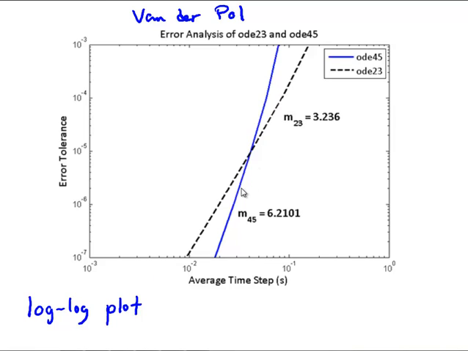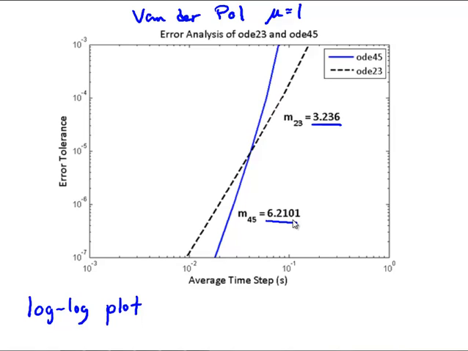And we see the slope here in dashed black lines, the slope of the ODE23 solution. Again, this is with mu equals 1, so it's not a stiff van der Pol equation. With ODE23, we get a slope of 3.2, and with ODE45, we get a slope of 6.2.